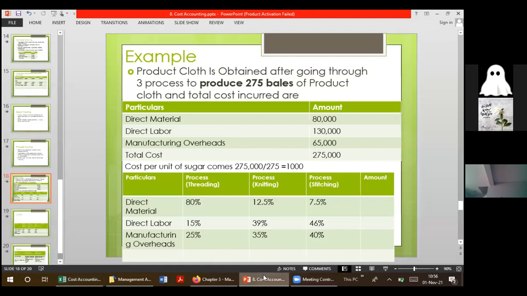Okay. Now looking at the process, direct material is our first item.